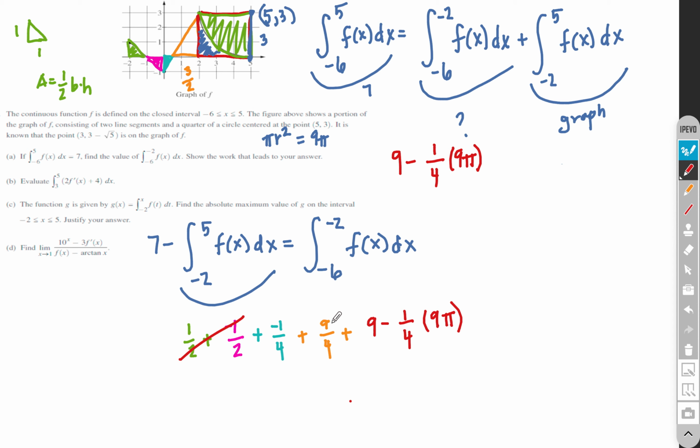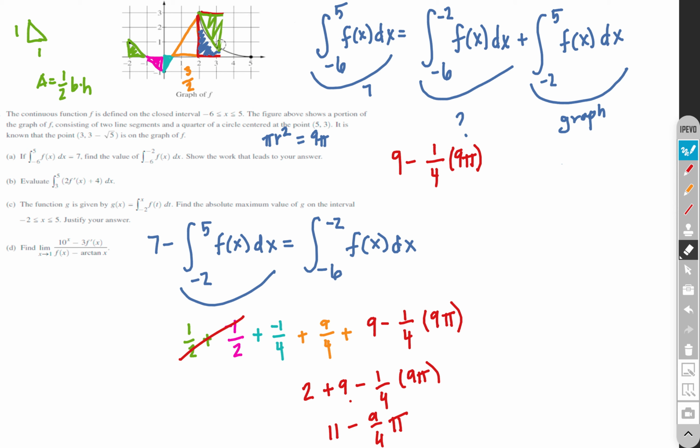Negative 1 plus 9 is 8. 8 divided by 4, it's just 2. So we've got 2 here, plus 9 minus 1/4 9 pi. 2 plus 9 is 11, minus 9/4 pi. That is the area under the curve from -2 to +5.